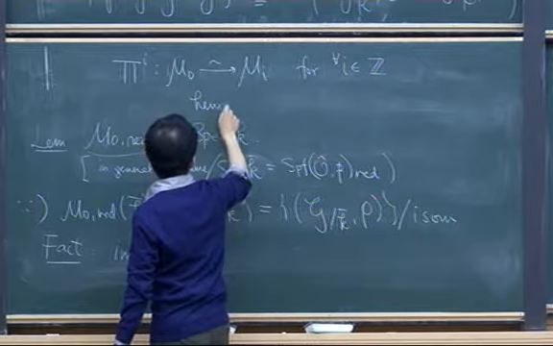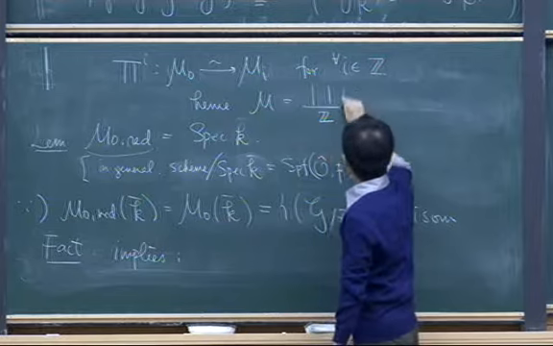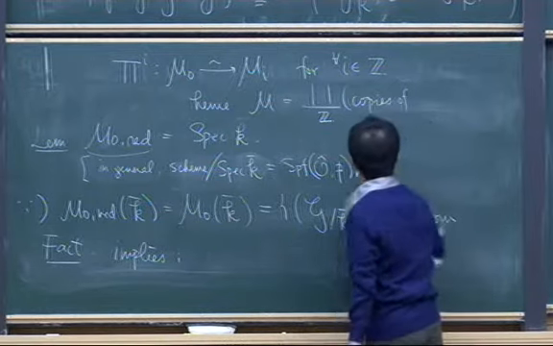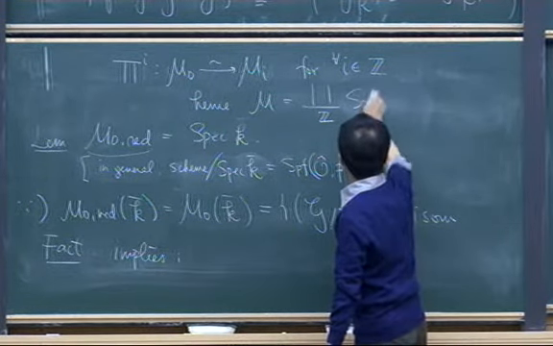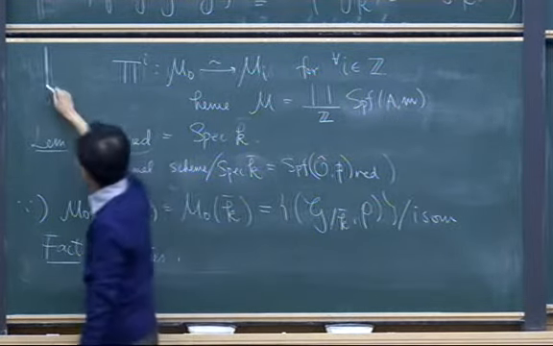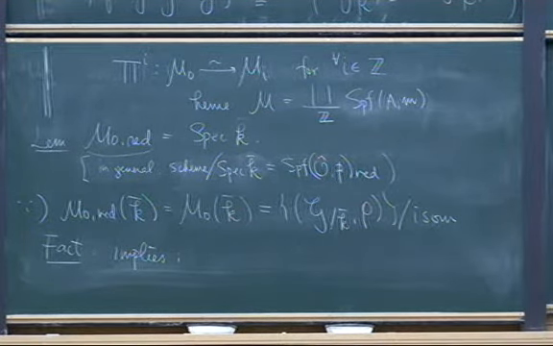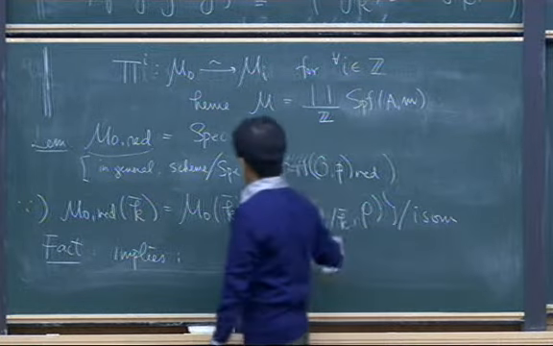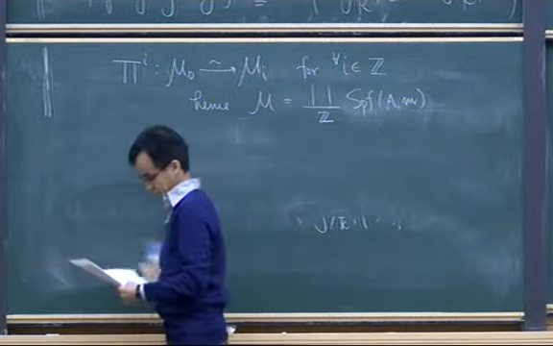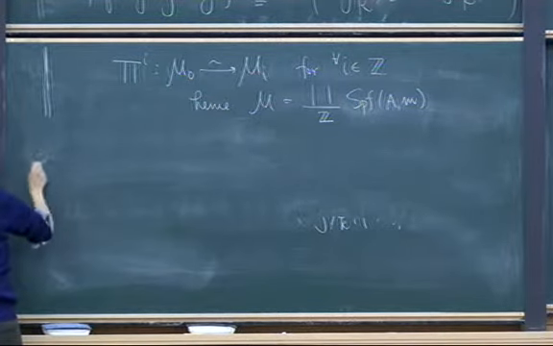Hence you have the disjoint union of these Spf A's indexed by Z. Of course, the second part is the non-trivial part.